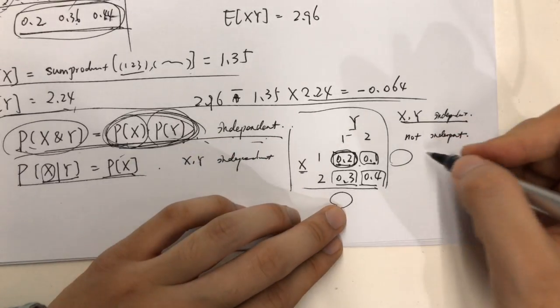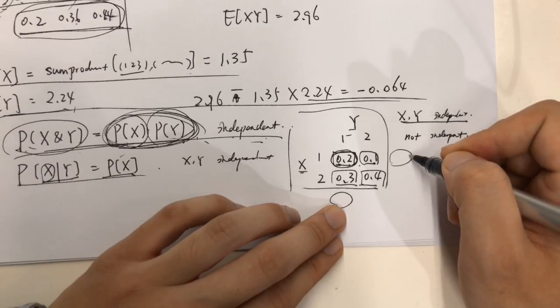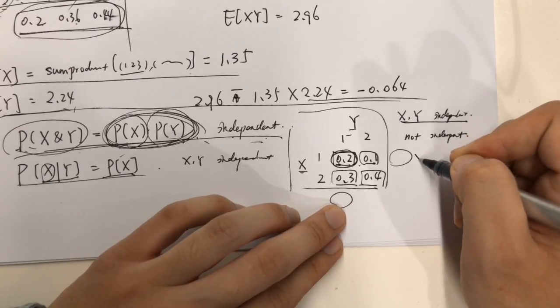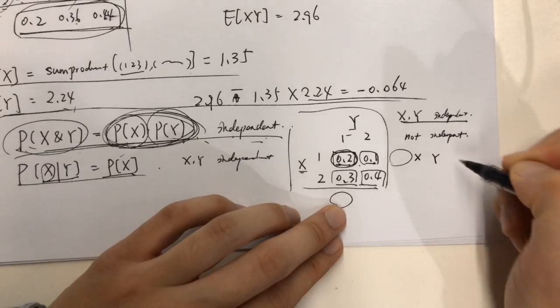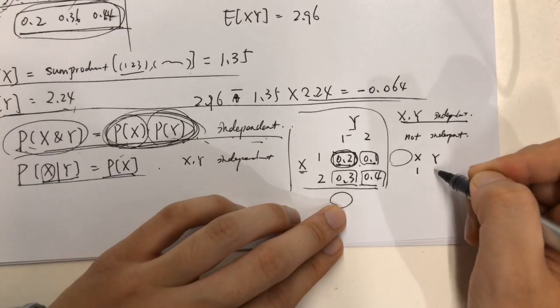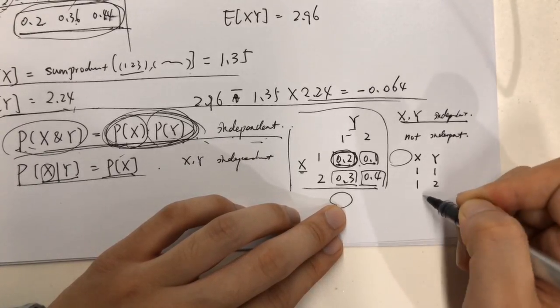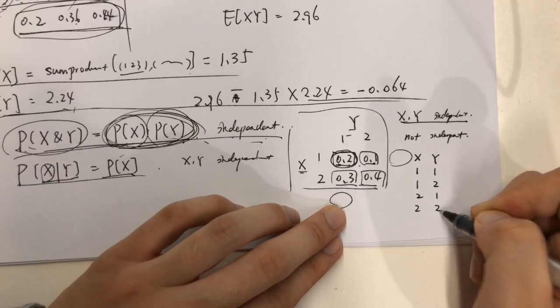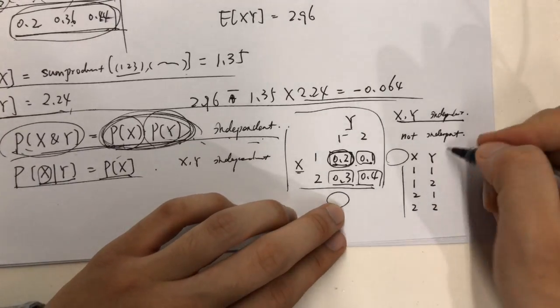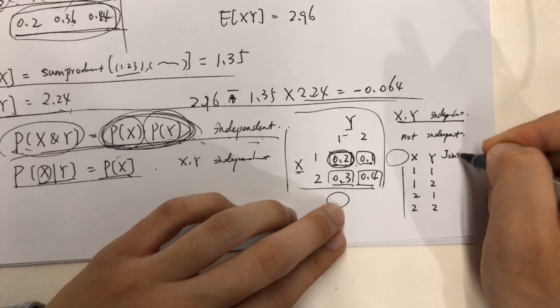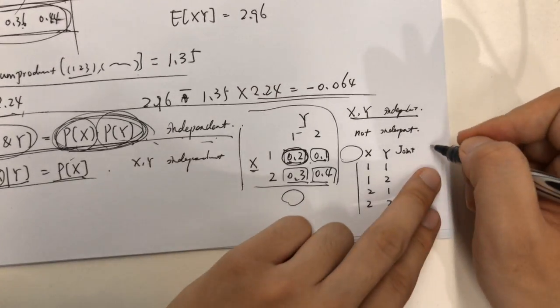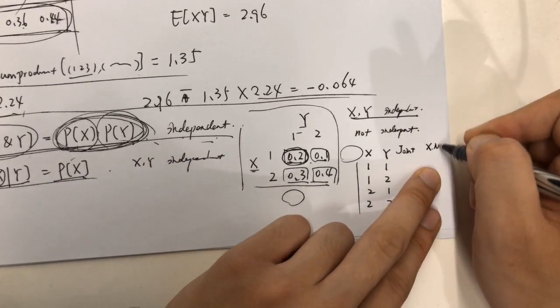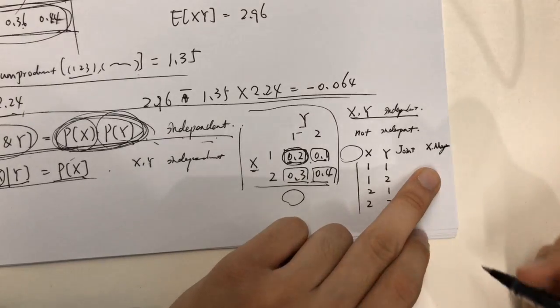So now let's look at some possible results. These are x and y values (1,1), (1,2), (2,1), (2,2). Those are 4 possible results, right? And we can find their joint probabilities as well as the product of their marginal probabilities.